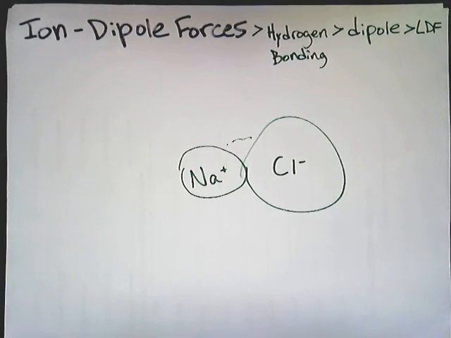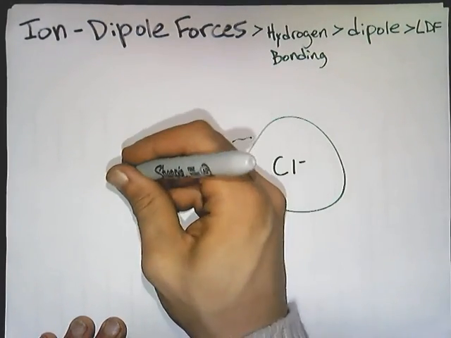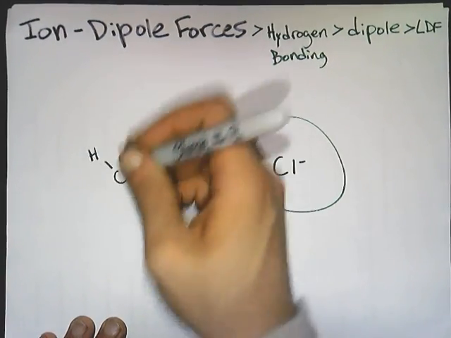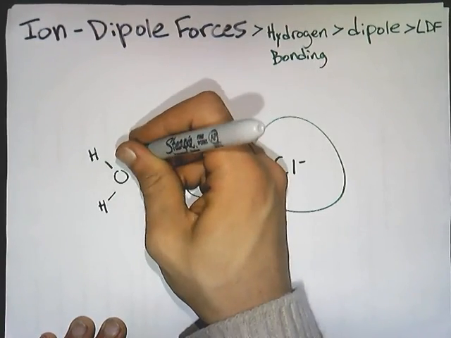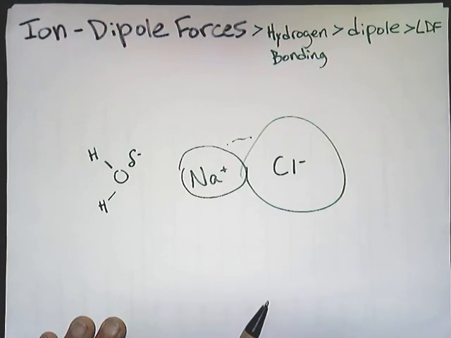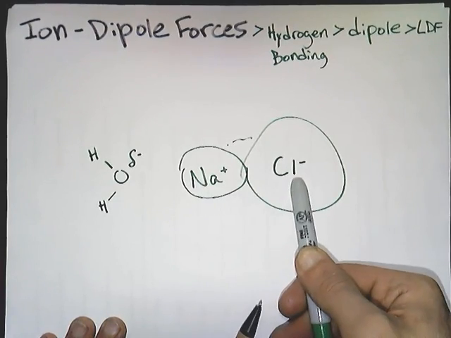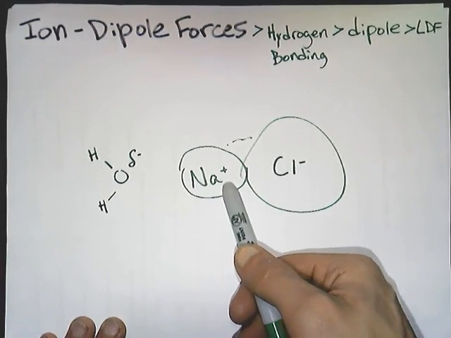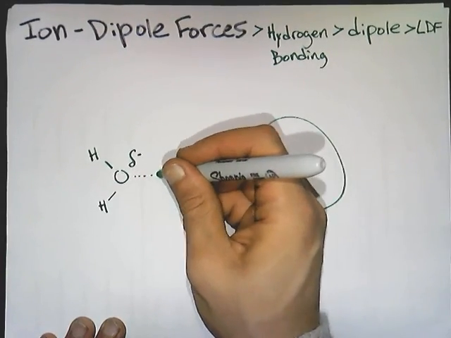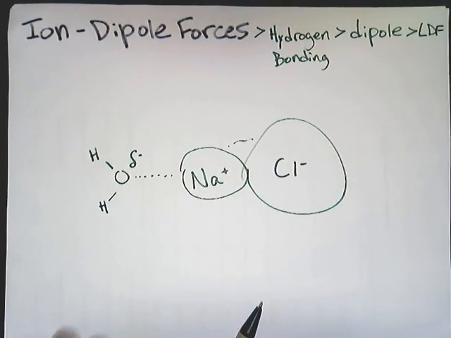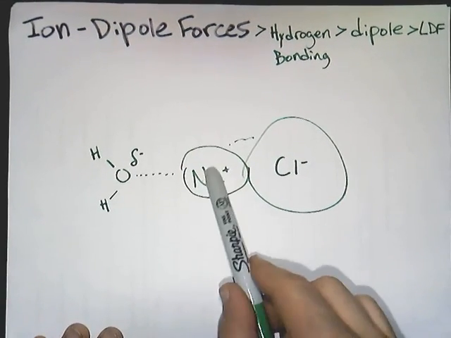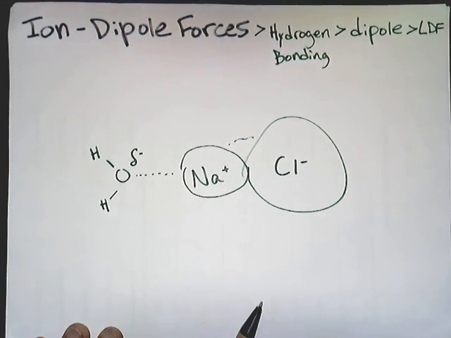If we were to throw in our good friend water, water, we know, has a partial negative charge on it. So in addition to being attracted to this chlorine, this sodium, its positive charge is also going to be attracted to this partial negative. Now, which attraction do you think is stronger, from sodium to chlorine or sodium to the oxygen here?